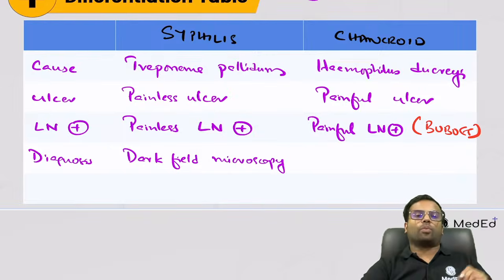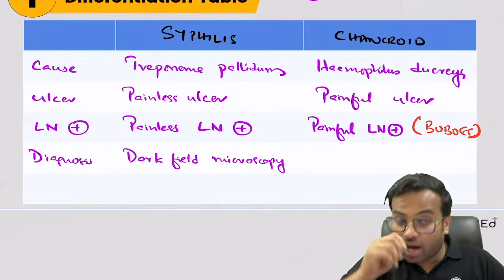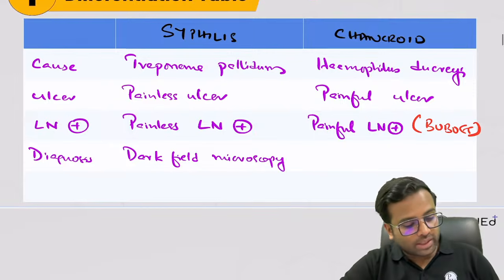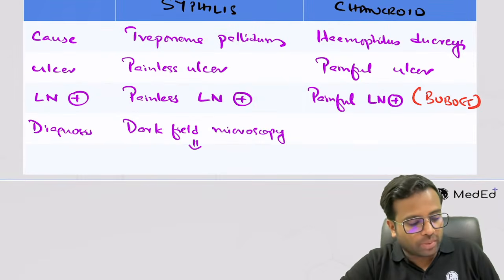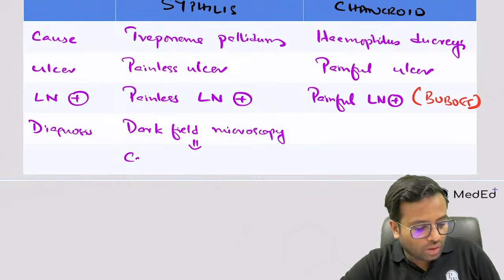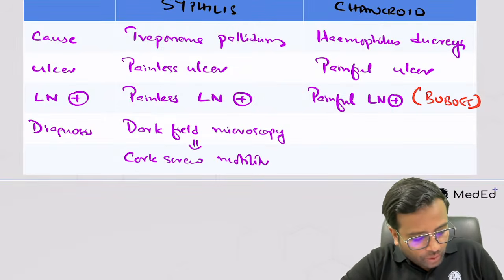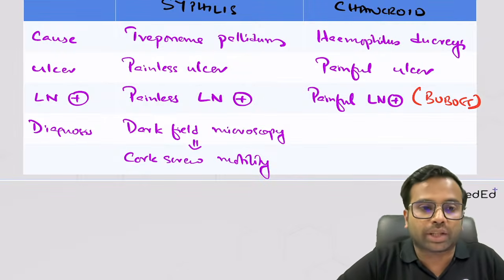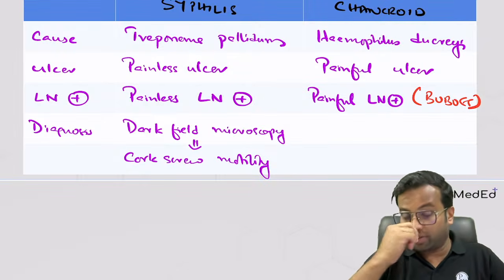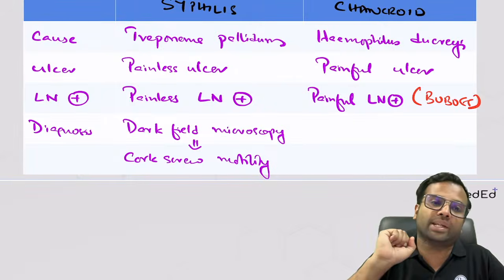When you do a dark field microscopy, what you can see is a corkscrew motility of the Treponema pallidum. That is how you can diagnose primary syphilis.